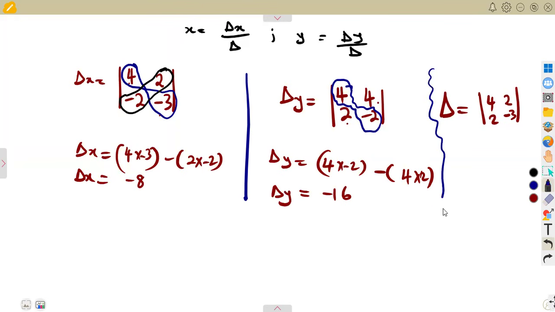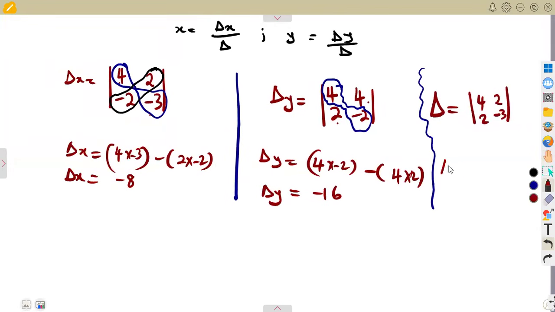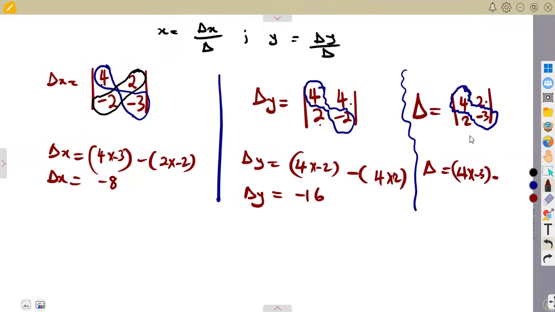In the same manner, for the determinant of the constants, what is in the major diagonal is 4 and minus 3. So that is the product of 4 and minus 3 minus the product of the remaining part, 2 and 2. So that was going to give us negative 16 again.